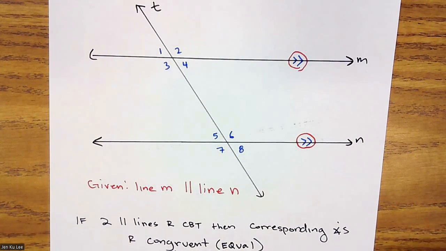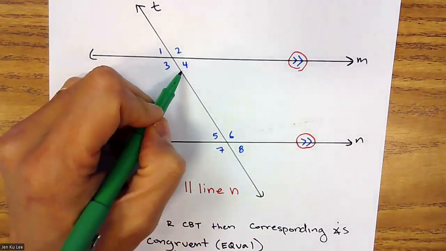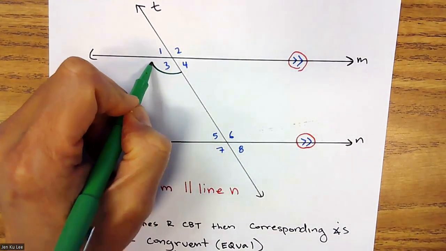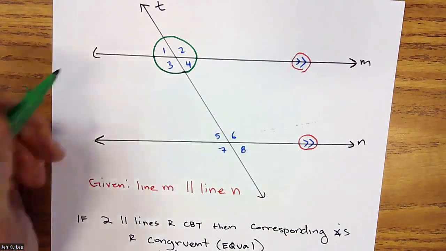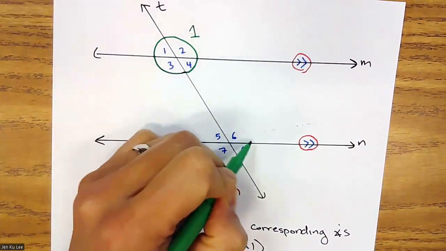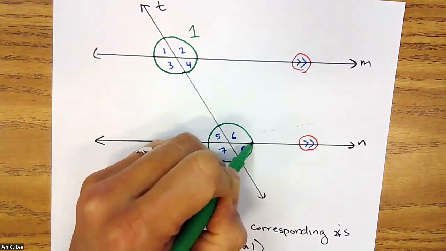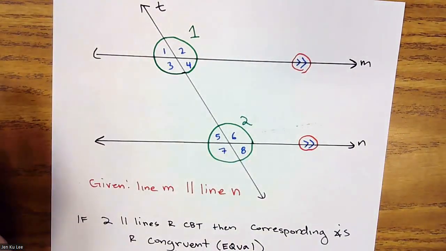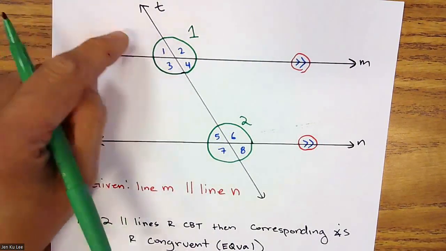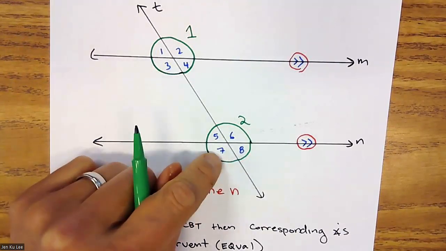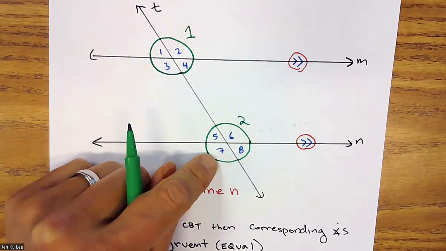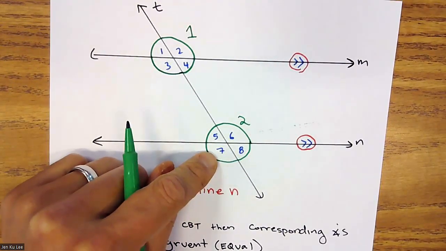So, given that, I am going to make that as one group. Group 1 and group 2. One of the angles in group 1 has to be paired up with one of the angles in group 2, always, in these special relationships.